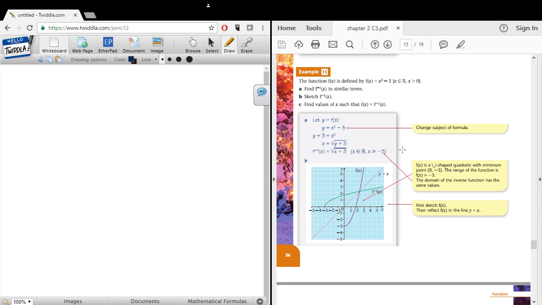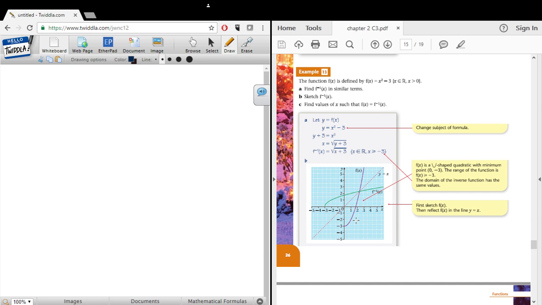Let's take one with a graph. So here you can see that the function has been defined as such, and we need to find the inverse. So once again we change the subject, and then once we've changed the subject, once again we just change all the variables so that it's with respect to the inverse of f, and we have x as our variable.